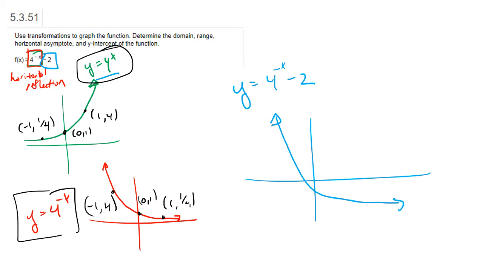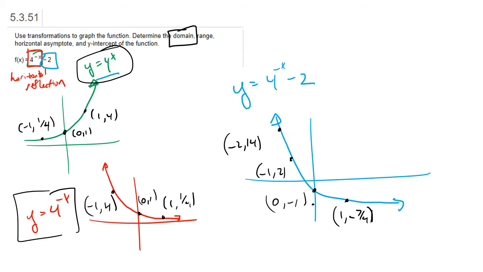Now I take everything and I shift it down by 2 units. So I'd have negative 1, 2, I'd have 0, negative 1, and then 1, 1/4 minus 2 is negative 7 fourths. Okay, I could also have, for example, negative 2, comma 14, etc.